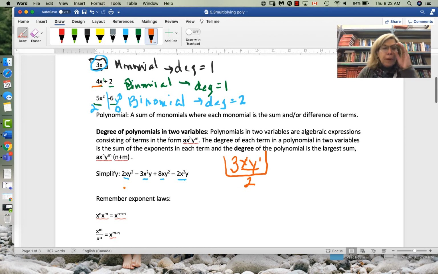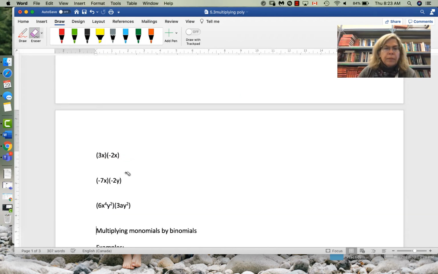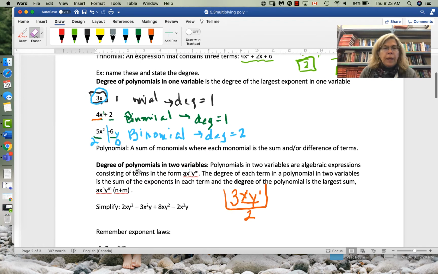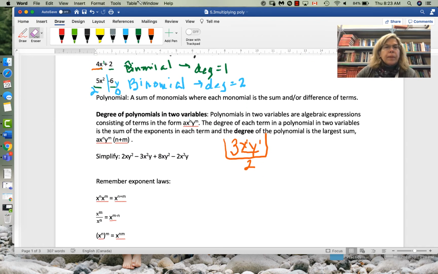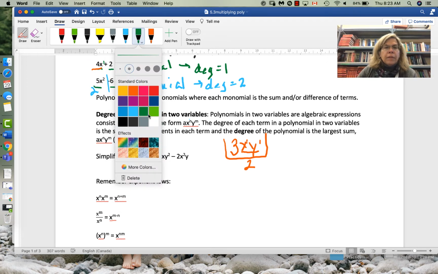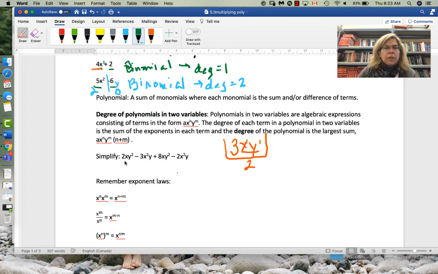It says simplify 2xy squared minus 3x squared y plus 8xy squared minus 2x squared y. Well, I'm going to erase this here and put some different colors. So we have 2xy squared.